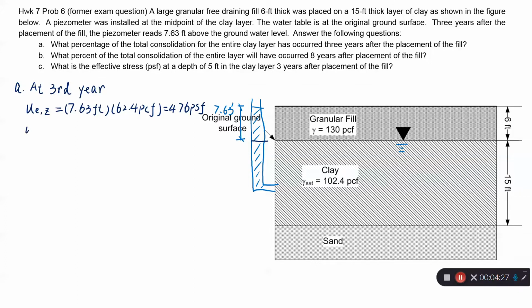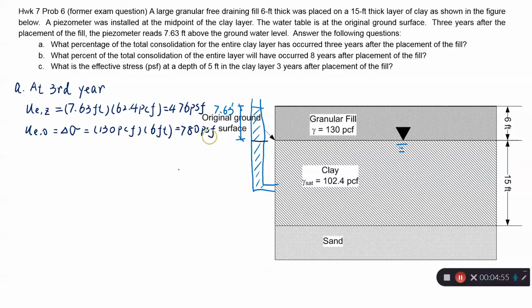So the initial excess pore water pressure equals the load increment, which equals 130 times the height of the fill, 6 feet, equals 780 psf.